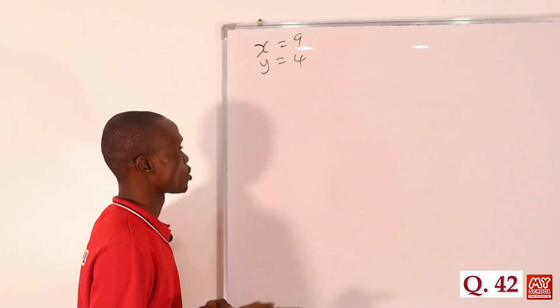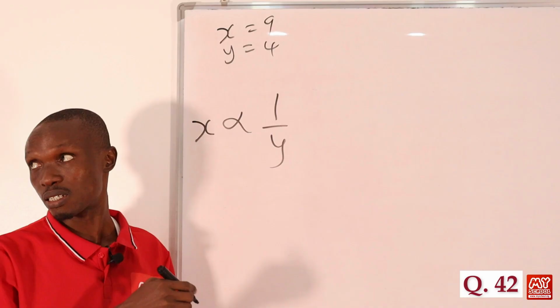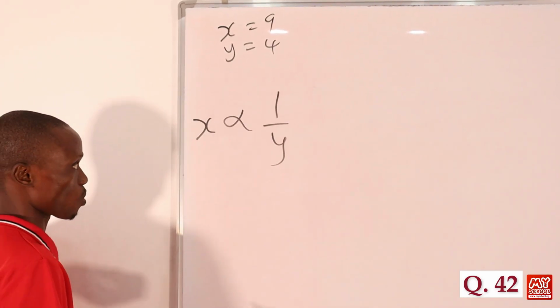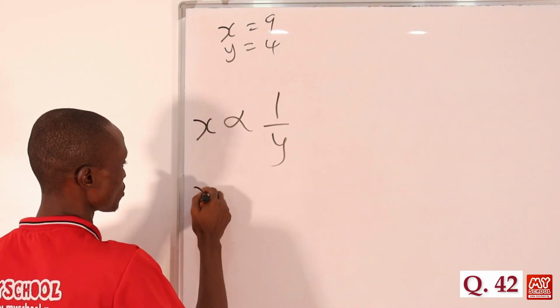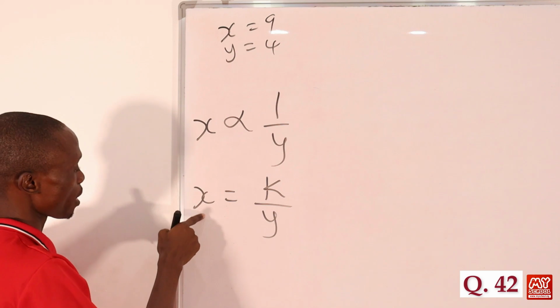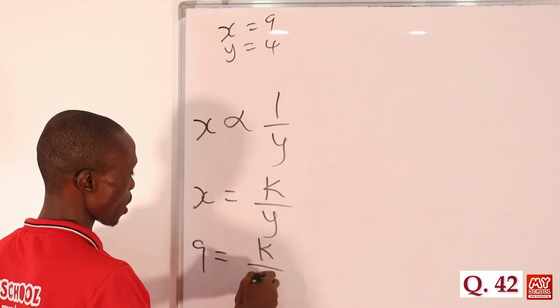So for this question, we're told that x is inversely proportional to y, right? And we are asked to find the law connecting x and y. So we introduce our constant, so that we'll be having x equal to k over y, right? But our x is equal to 9, and the k we don't know, and our y is 4.